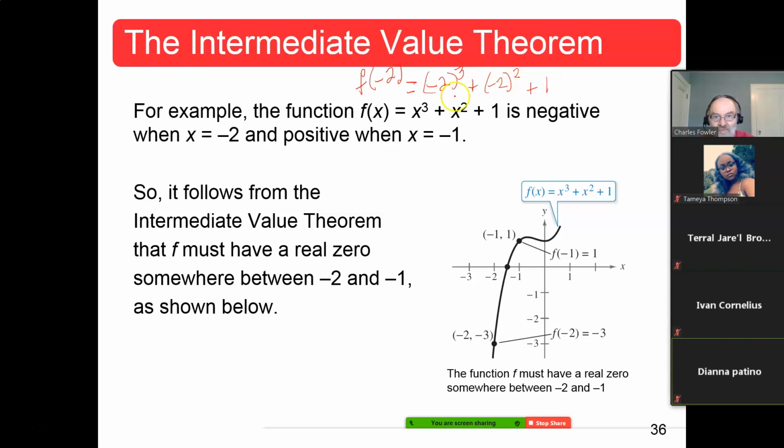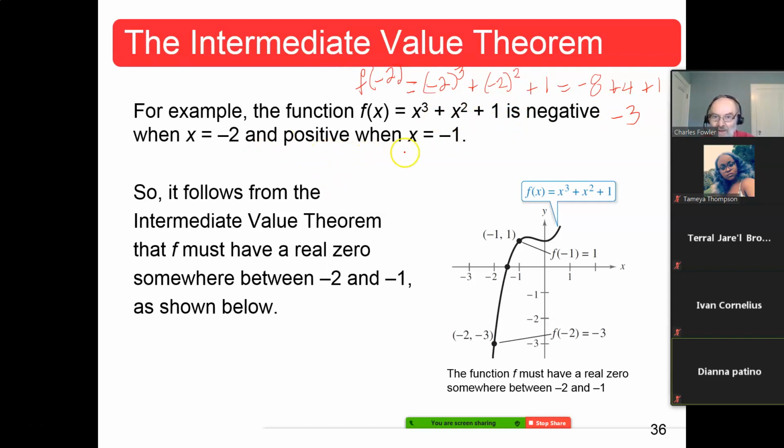Negative 2 cubed is negative 8. Negative 2 squared is plus 4. And then plus 1. So this is going to be minus 8 plus 5. That would be minus 3. So sure enough, that is negative when x equals negative 2.